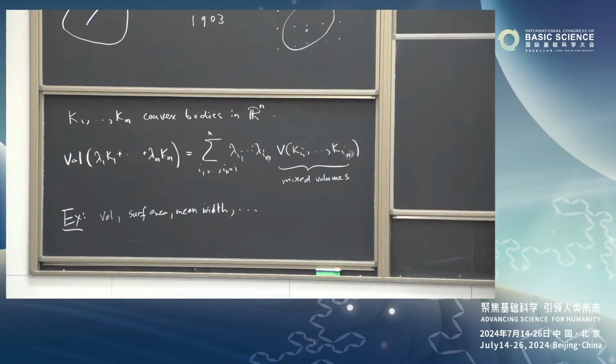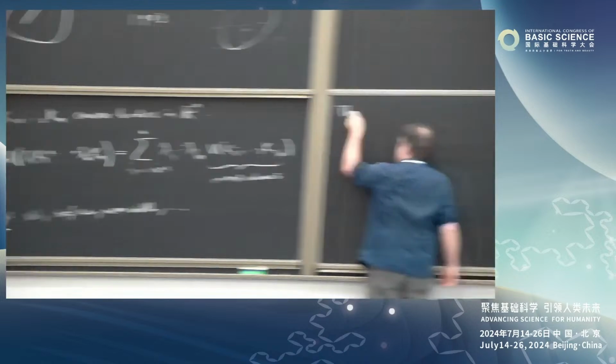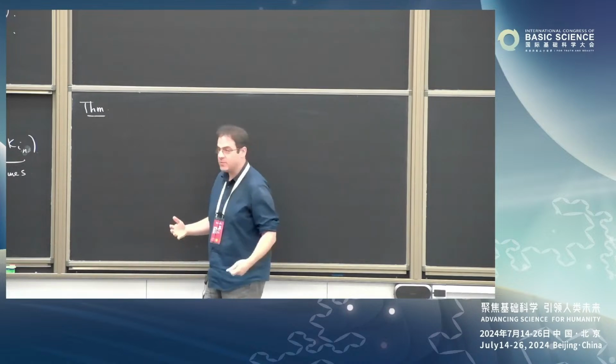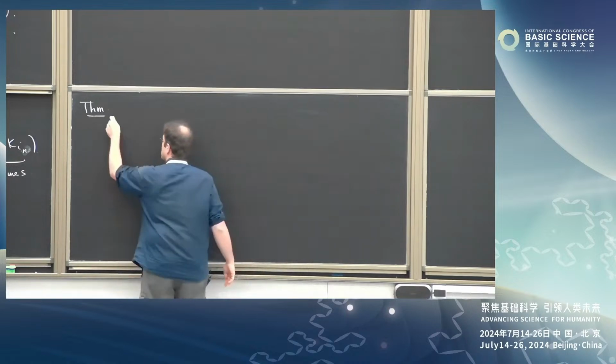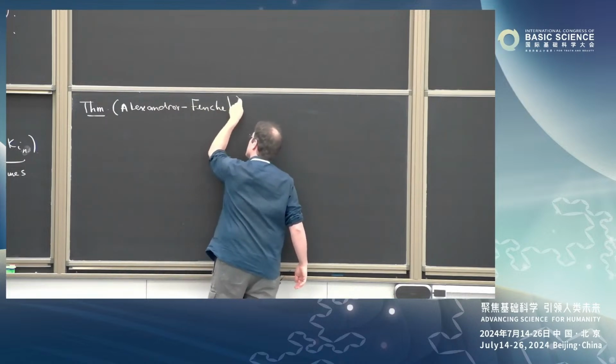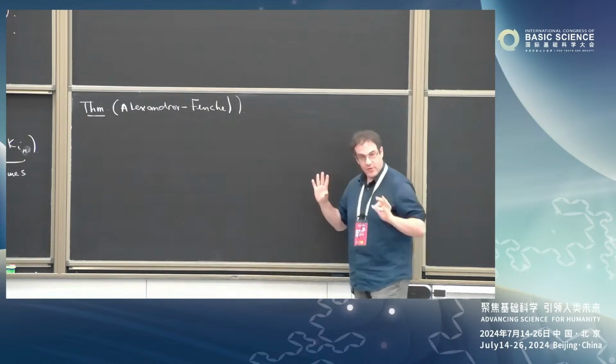And that's what Minkowski did. And so there is an inequality, which I think is called the Minkowski inequality, but of course everything is called the Minkowski inequality, so we call it Alexandrov-Fenchel, which is an inequality for mixed volumes.